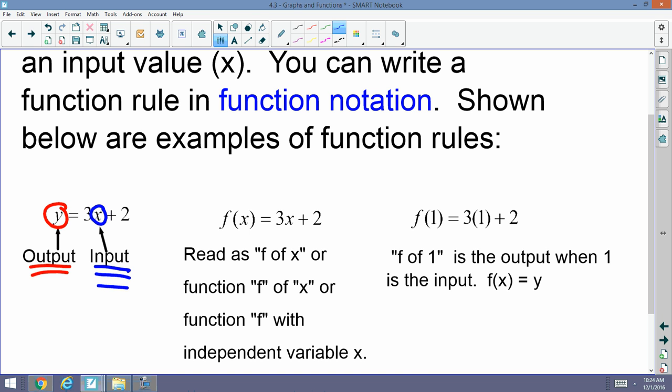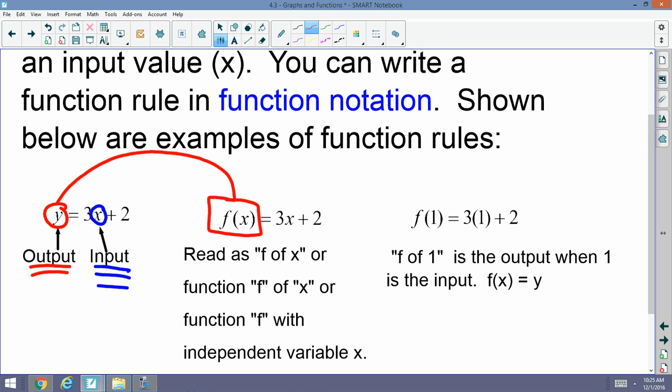You with me? All I'm doing in function notation is rewriting the output y in the form of f of x. F of x is the same thing as y. It's the answer. It's the output. It's the range. It's the dependent. Now, why do they put this f parentheses x?